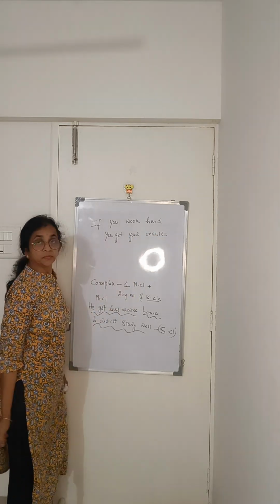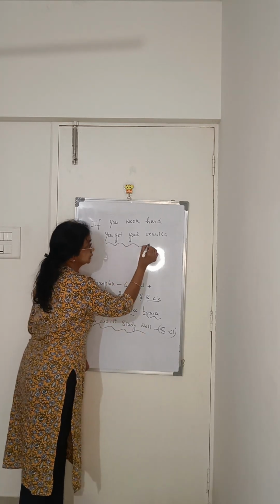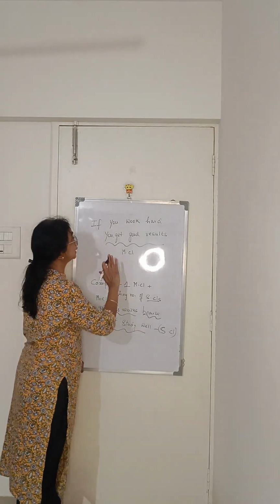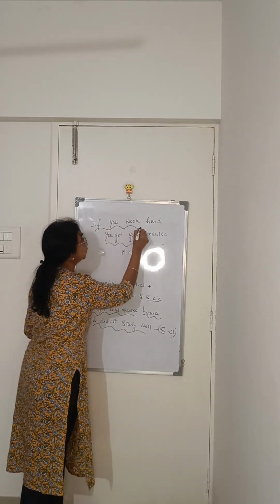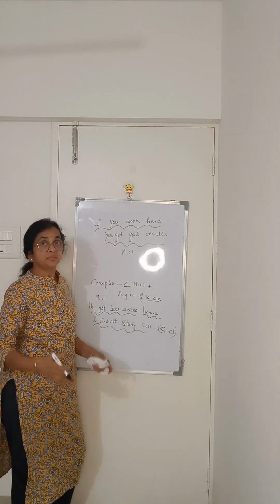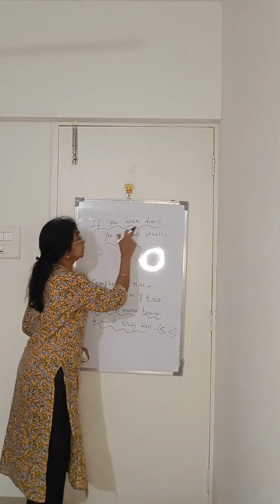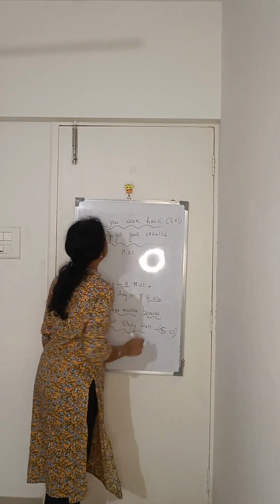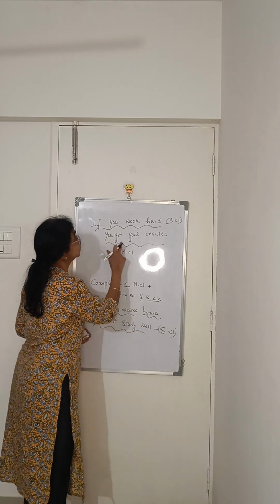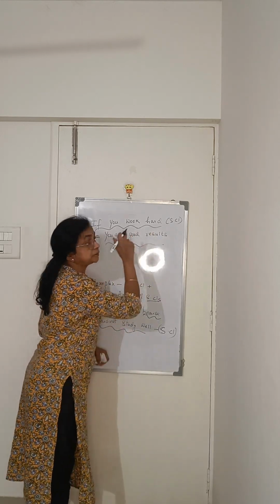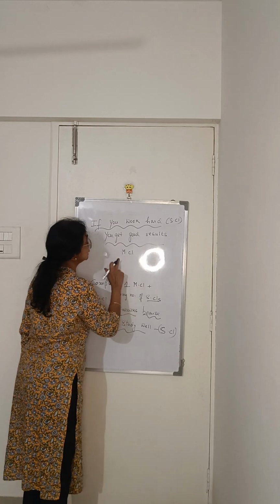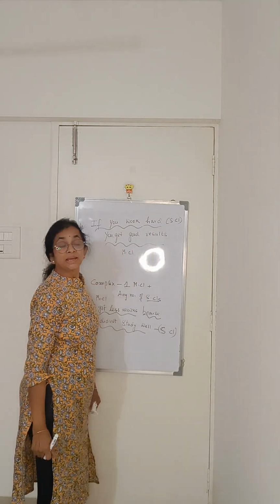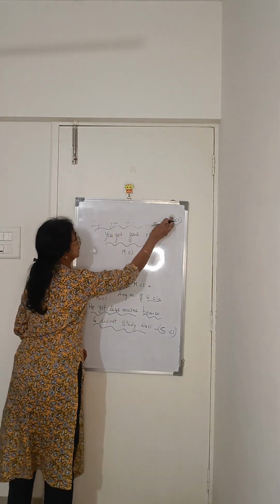You get good results is the main clause. It doesn't depend on anything. If you work hard, what next? The sentence is incomplete, so it is a subordinate clause. If you work hard, you get good results. You get good results is the main clause. If you work hard is the subordinate clause. This is about the complex sentence.